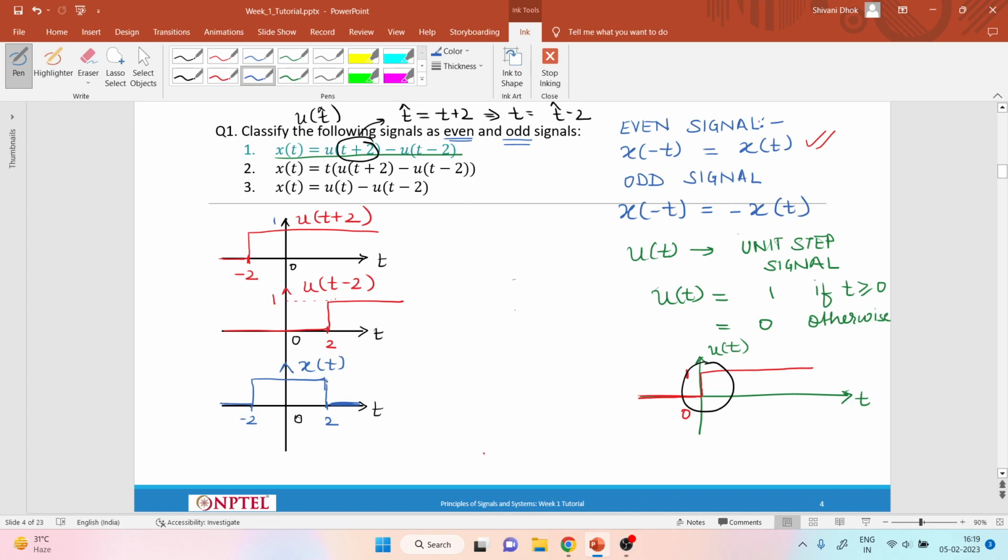So you can observe that this is my x of t. So what will be your x of minus t? For x of minus t, whatever was present at 2 will be available at minus 2, and whatever was present at minus 2 will be there at 2.